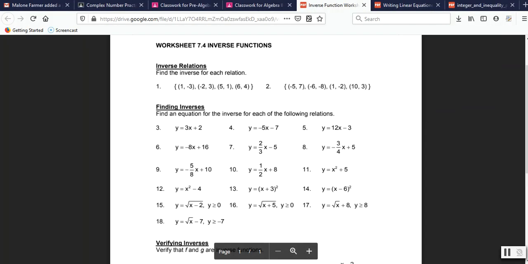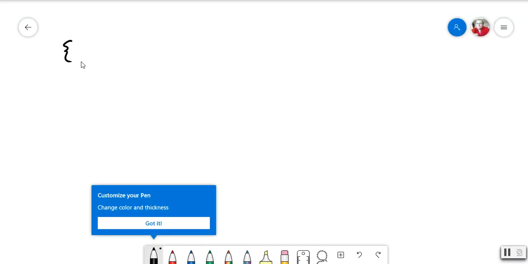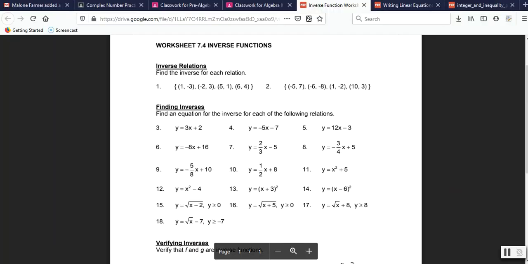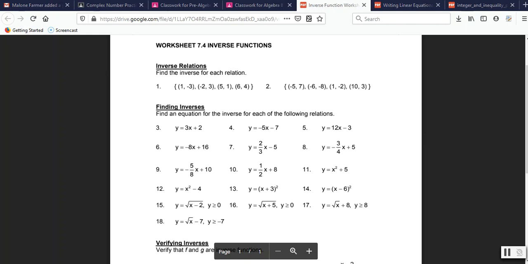The first type of thing. It says (1, -3), (-2, 3), (5, 1), and (6, 4).